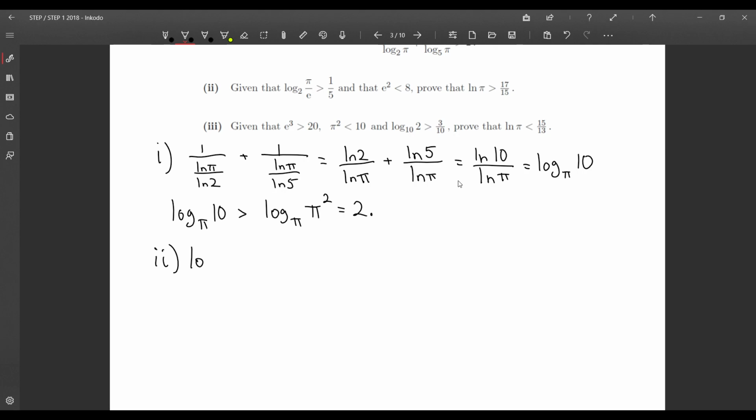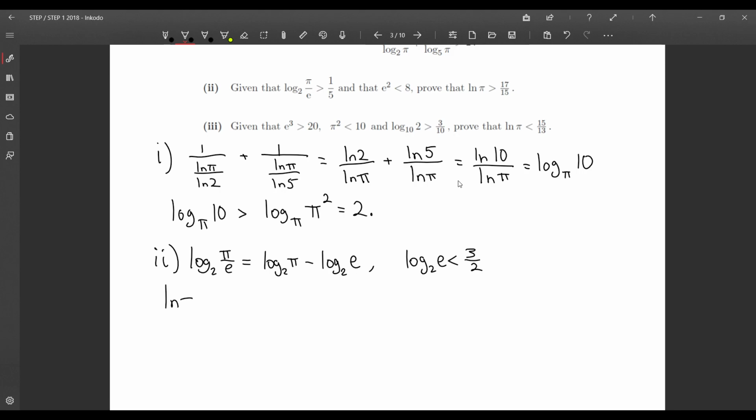So the log base 2 of pi over e is going to be the log base 2 of pi minus the log base 2 of e. And if e squared is less than 8, that means that 2 log base 2 of e is going to be less than 3. So we can write that as log base 2 of e is less than 3 halves.